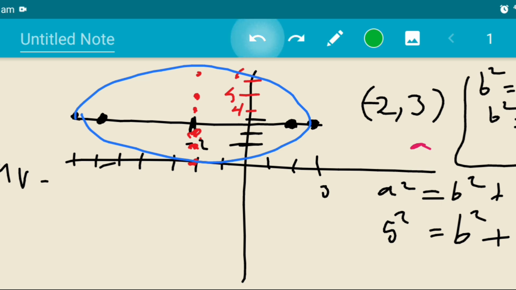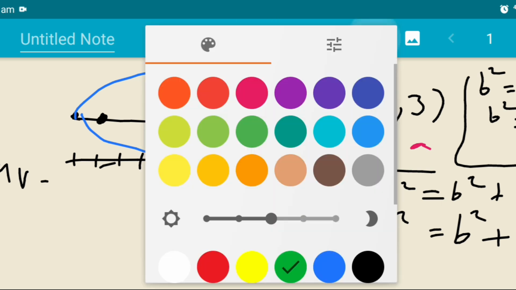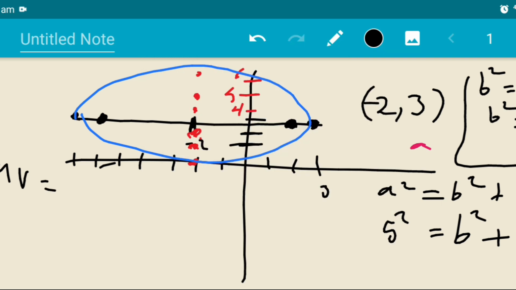The major vertices were given in the question, so I don't think it's appropriate to write them down. So let's talk about the minor vertices. Where is this located? This is located at -2 comma -3, because we're moving 2 units to the left and 3 units downwards. So -2 comma -3.